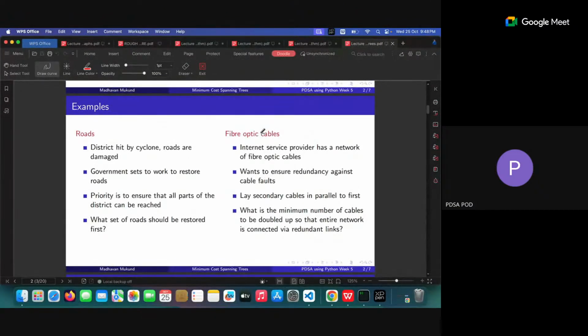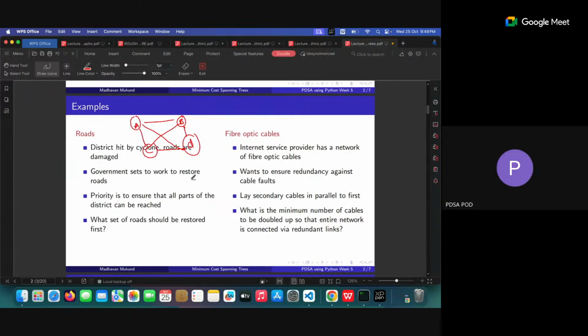We have a fully connected graph, like fully connected districts, with different districts like A, B, C and D. Due to a cyclone, we have lost that connection.